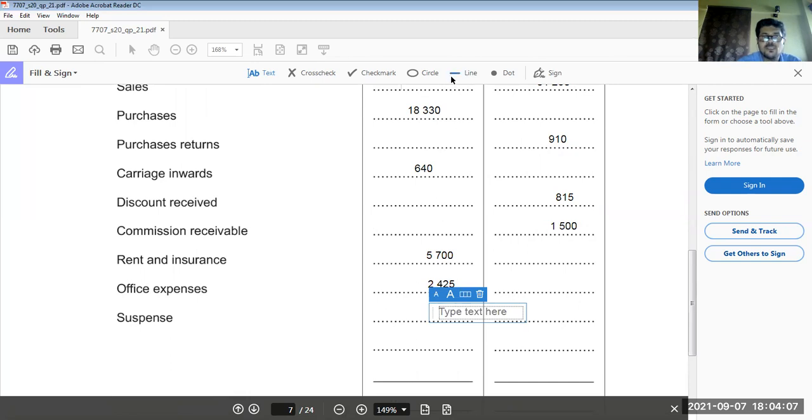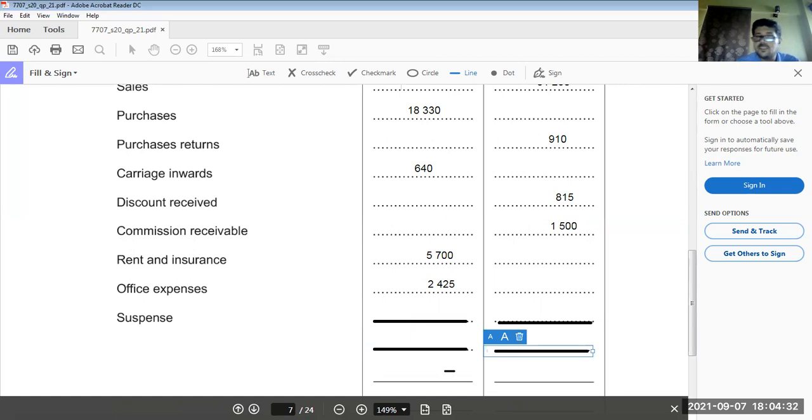First, we take the totals of these two columns, then take the difference of debit and credit, and we get the suspense account, 369, and the total would be 50,019.